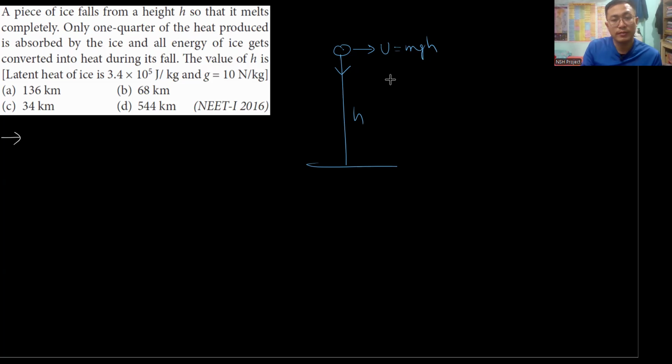L is equal to Q by m. So Q is only 1/4 of mgh, the heat absorbed by the ice.